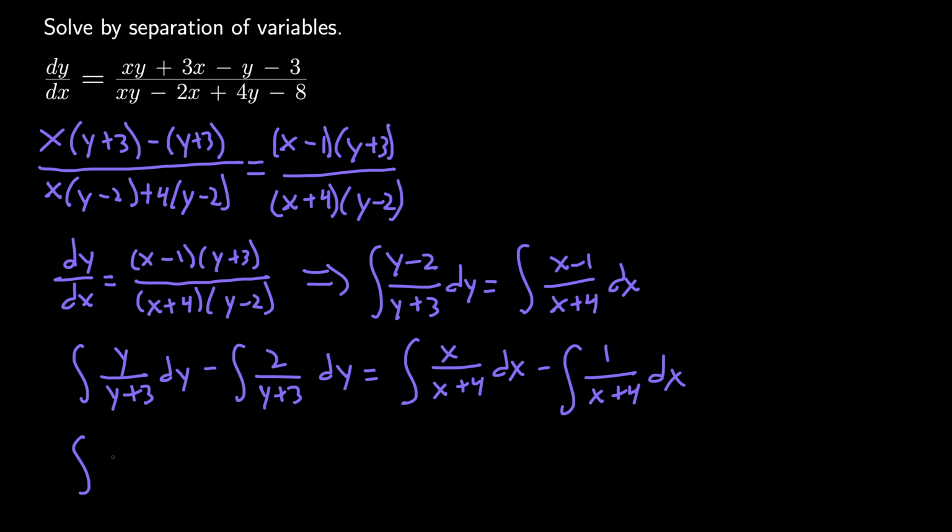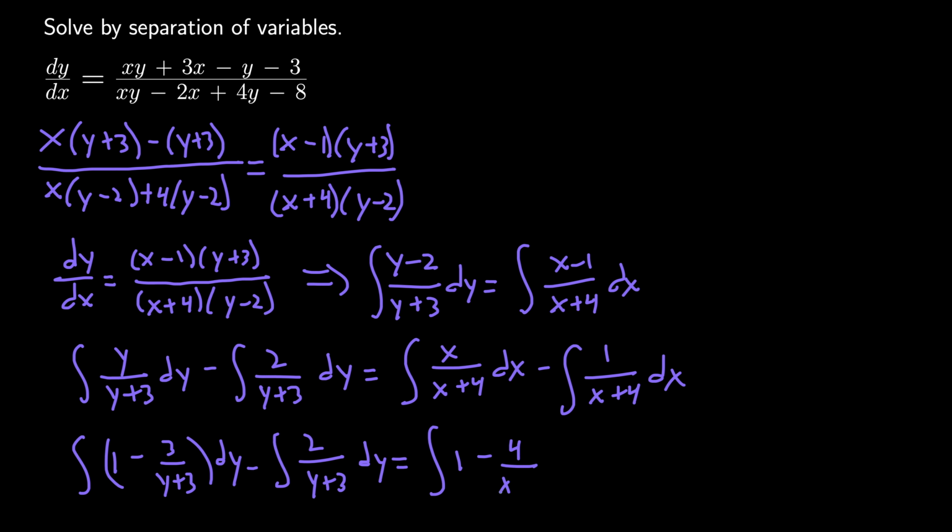So now we have the integral of 1 minus 3 over y plus 3 in place of y over y plus 3, and the minus integral of 2 over y plus 3 dy. And then on the right hand side, we're going to replace x over x plus 4 with 1 minus 4 over x plus 4, and then we have the other integral of 1 over x plus 4 dx.